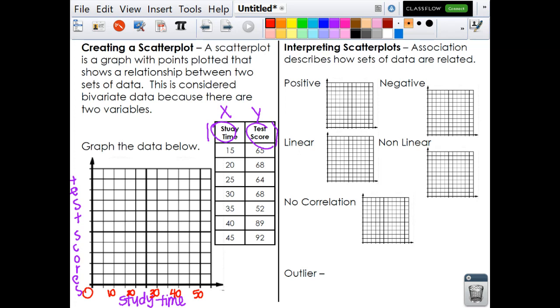All right, now our test scores. What's the highest test score? 92.